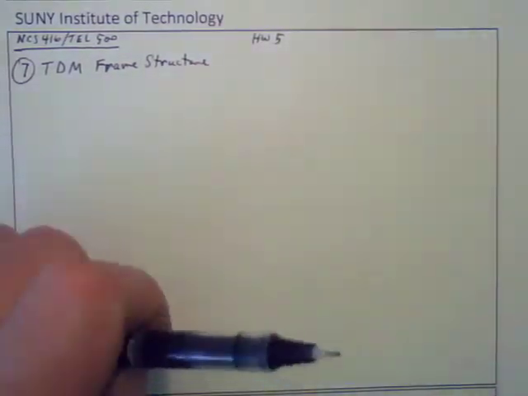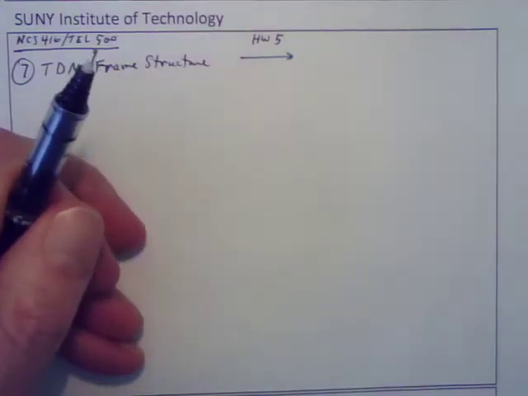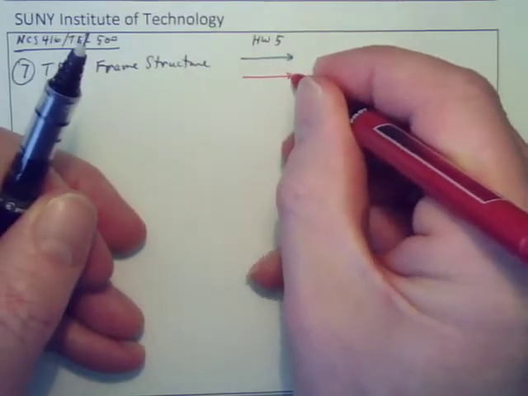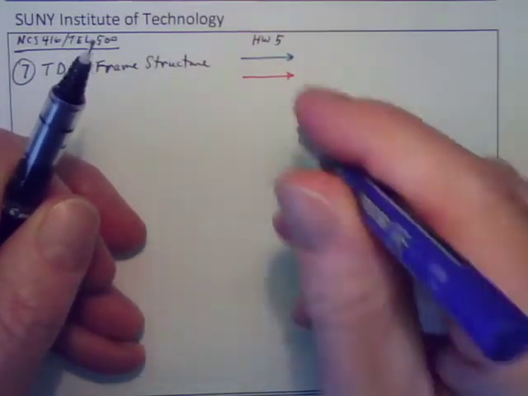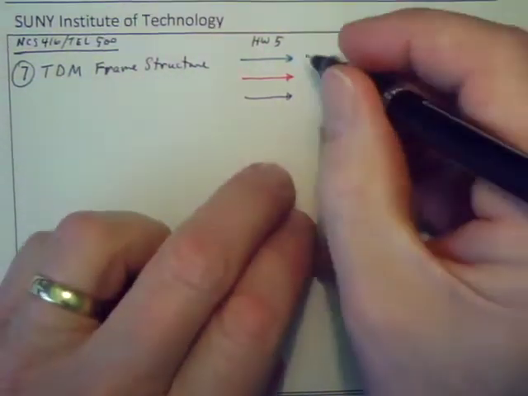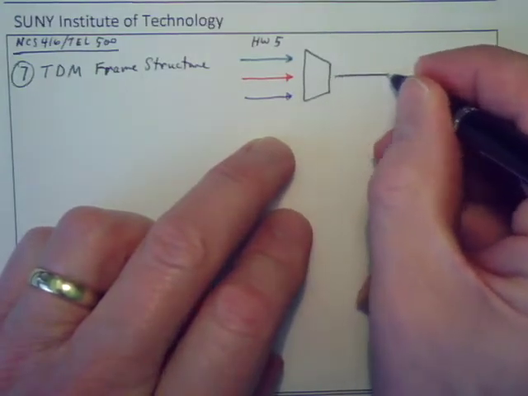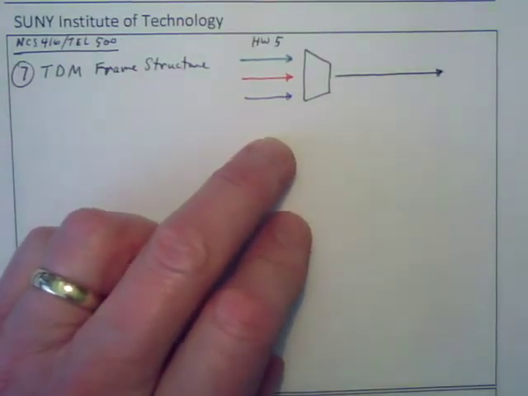I'm going to draw a picture here that shows streams A, B, and C being multiplexed together into a single stream.